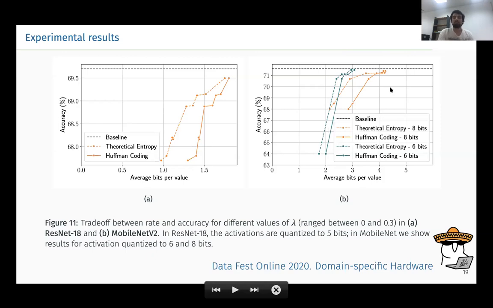In MobileNet, where compression is not that strong, the overhead of Huffman coding is less, but for 8-bit it's still noticeable, 50% maybe.